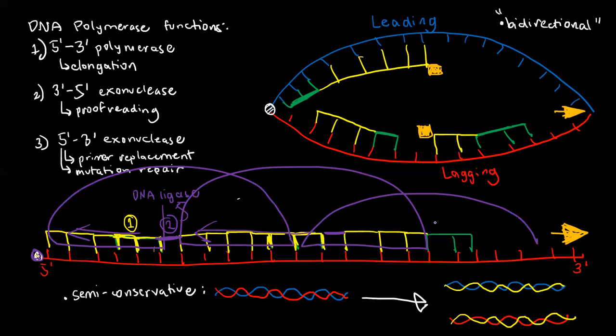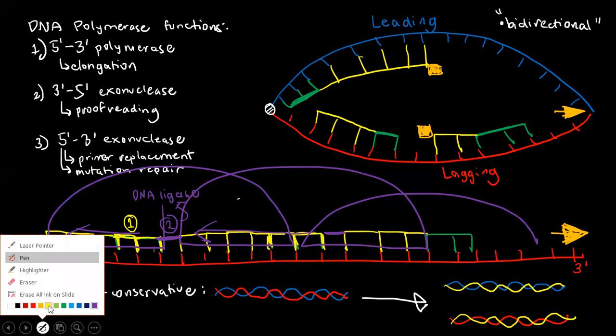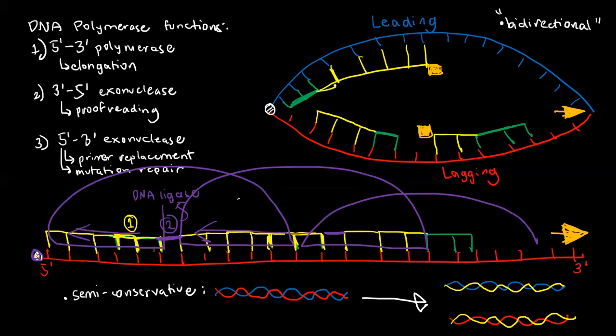So you will notice that there are actually a lot of things that DNA polymerase does, because I just said a while ago, it is the polymerase which elongates the yellow parts, and it's also the polymerase which removes the primer. So what gives? That is because DNA polymerase has several functions. For example, the one I told you a while ago, wherein we continuously add nucleotides one by one, is the 5' to 3' polymerase function.